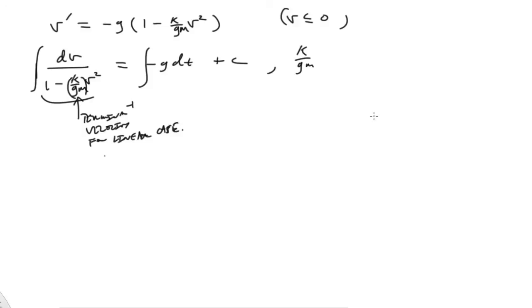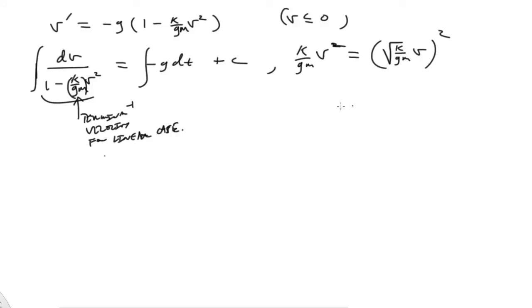So that's something we log away in our minds. Anyway, what we have here is this k over g over m v squared, and we can rewrite this now as root k over gm times v, quantity squared.